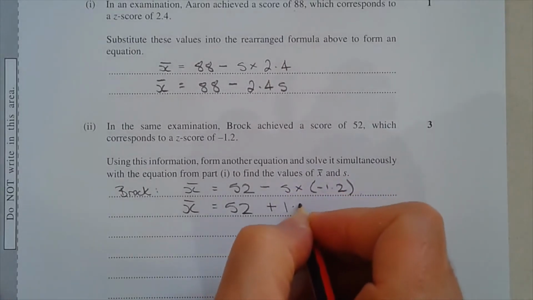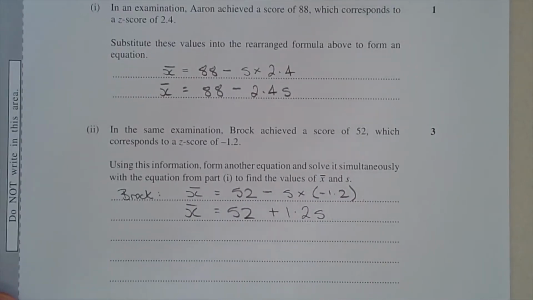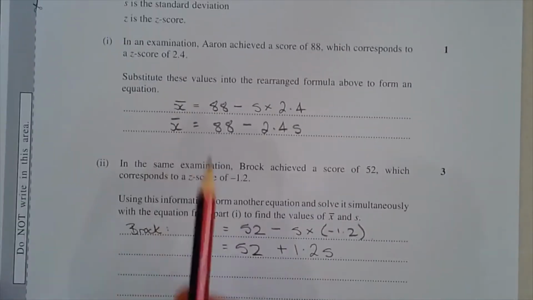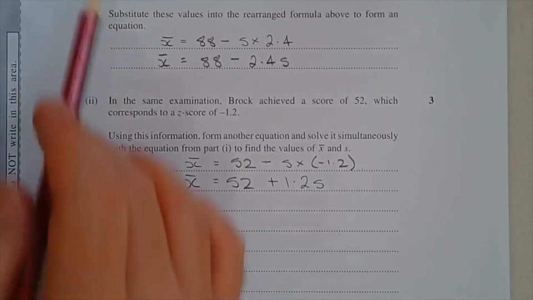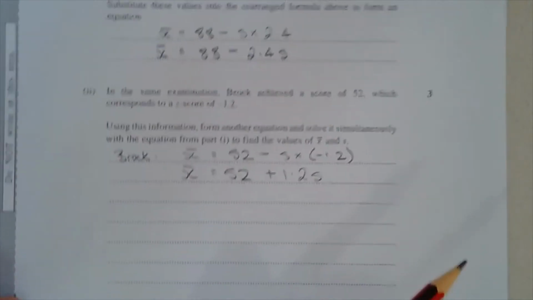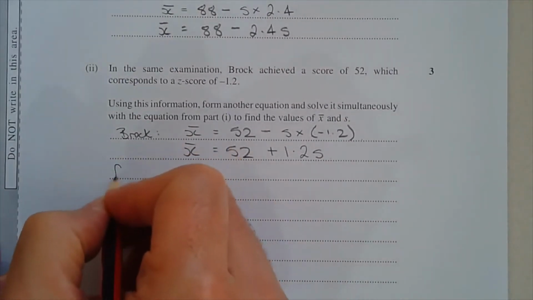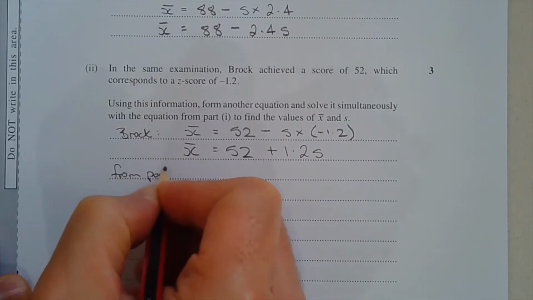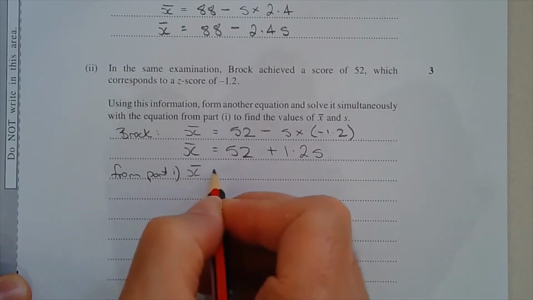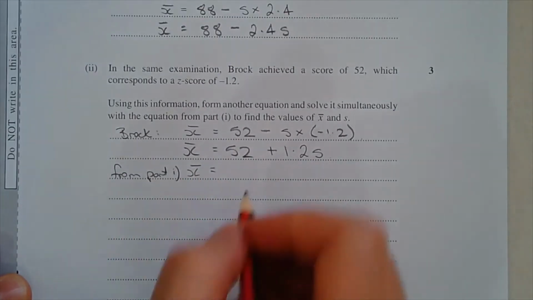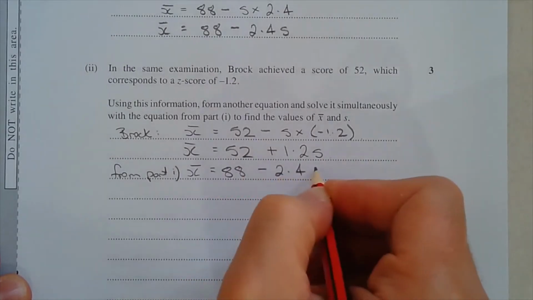So that's 1.2 S. Now we're going to solve it simultaneously with the equation we came up with in part 1. From part 1, we have X bar is equal to 88 minus 2.4 S.